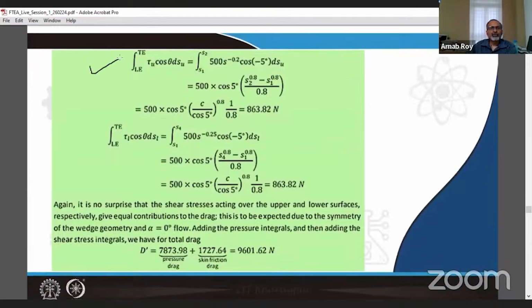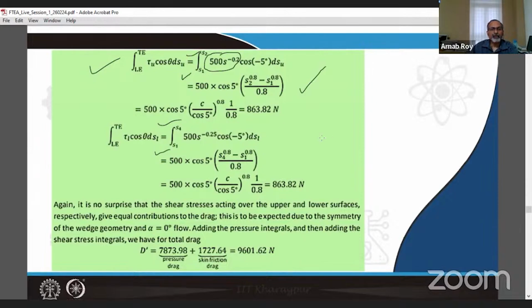Taking account of the shear stress distribution again, you have been given the functional form of variation of the shear stress. So that's what you plug in over here, and then you integrate, and then you put the suitable limits in the integral, again noting that S1 to S2 on one side, S1 to S4 on the other, and so on.